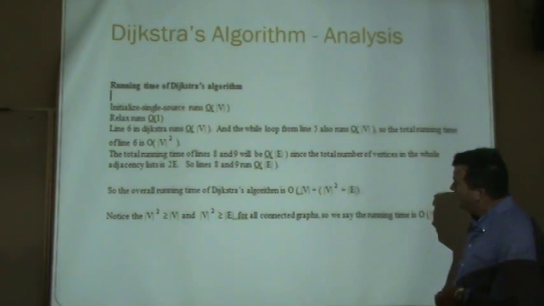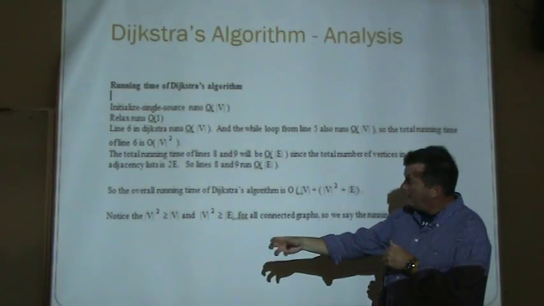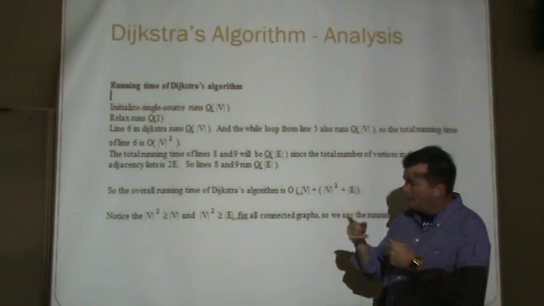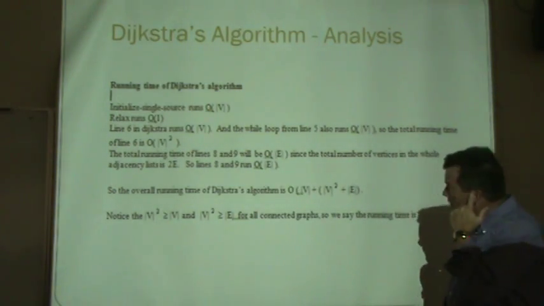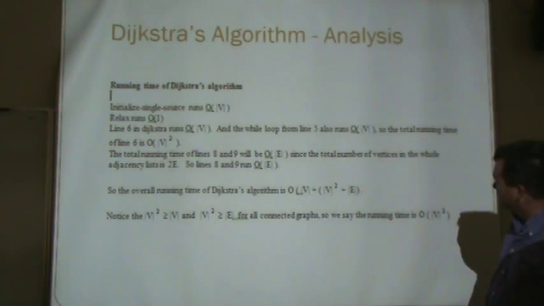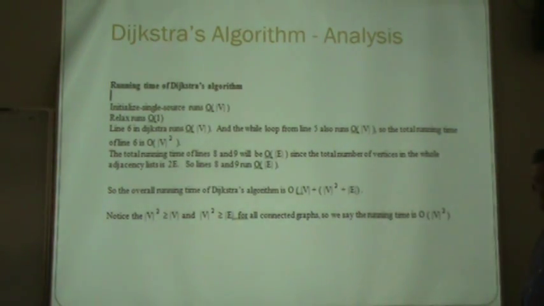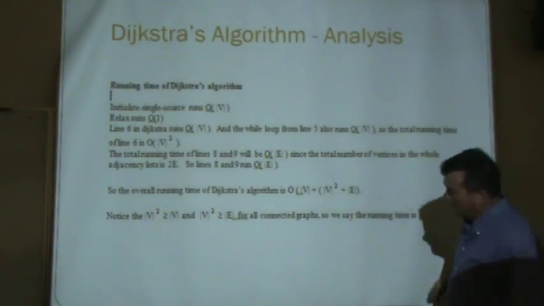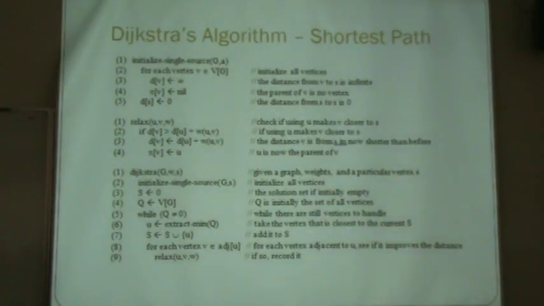Okay, so the part of the algorithm that says, let's pull a vertex out of our data structure, the smallest one, and then of all the things you're connected to, call relax. The while loop on line 5 runs V times, so the total running time of line 6 is V squared. Let me put that code back up.